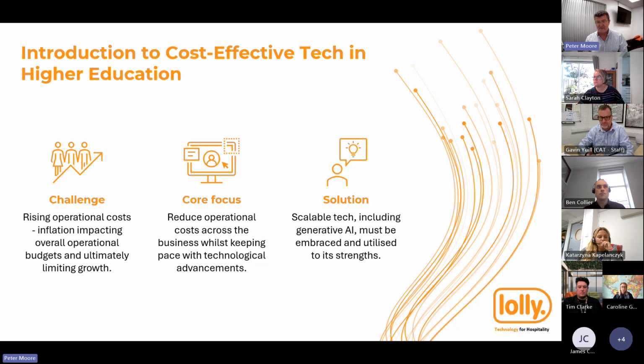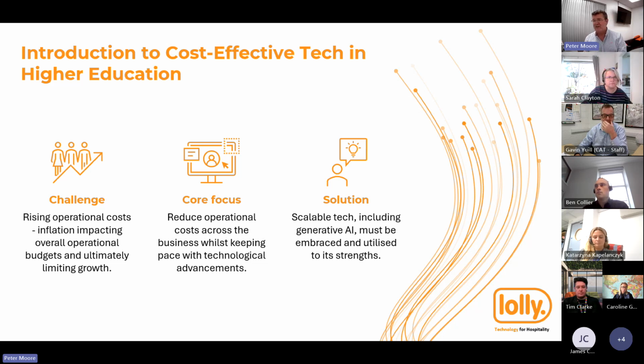We do a lot in technology in universities. And why? Because you seem to lead with it, which is great. You've got a lot of younger people, Gen Zs and Alphas, the generations coming through that embrace those technologies, and we'll talk about that later. So solutions, what are you looking for? Scalable technology solutions.